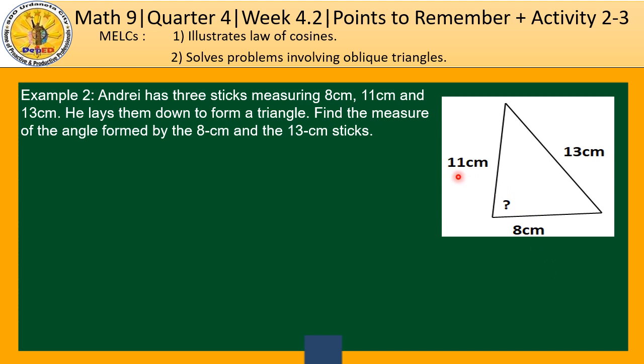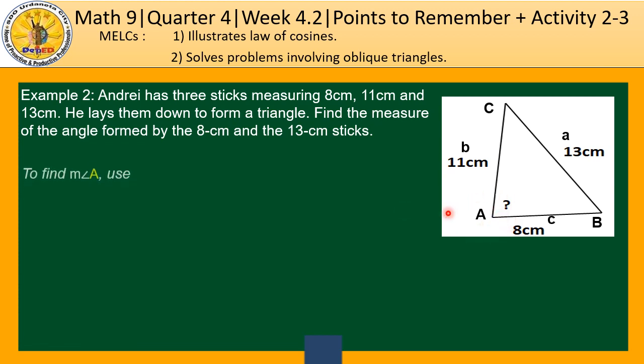Let us say that this is angle A, this is B, and this is angle C, and the side across from angle A is side A. If this is angle B, therefore this is side B. If this is angle C, the side across is side C. By giving the names of the parts, we know that angle A is the missing part.